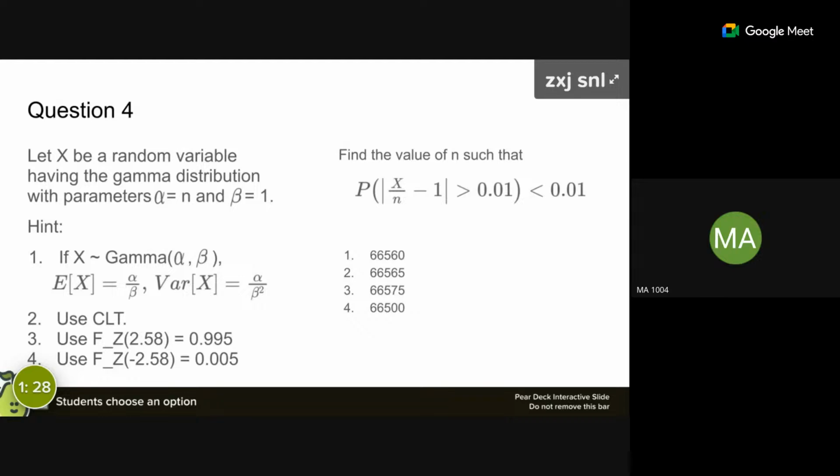Obviously CLT is going on, so maybe next week. Do you know the distribution curve for the normal distribution? It's a symmetric bell curve, right? Yes, ma'am. That is the reason why we double it.